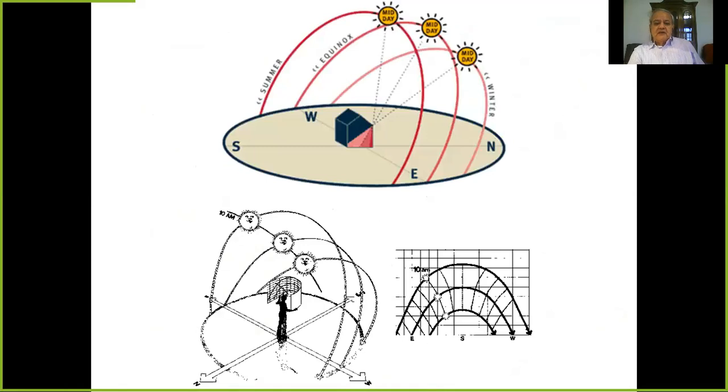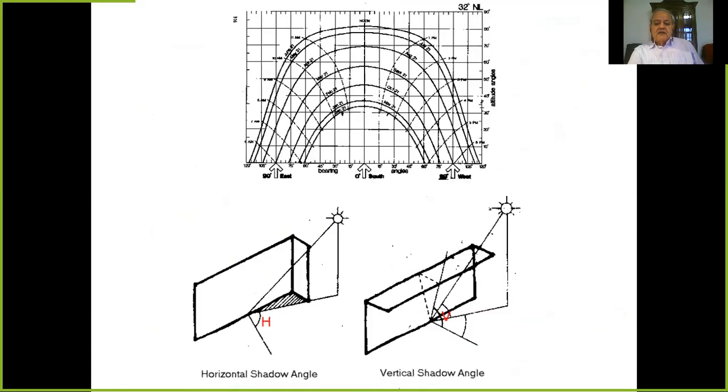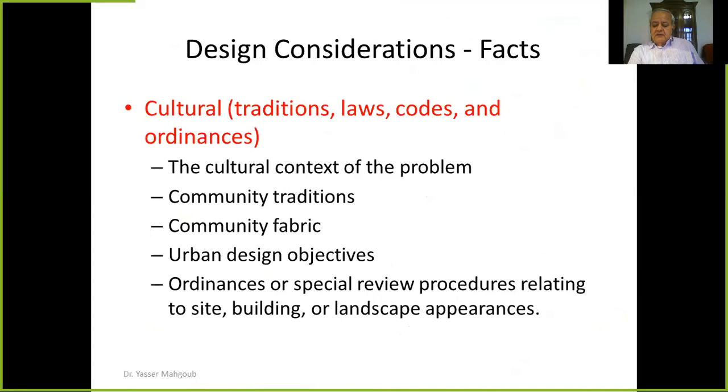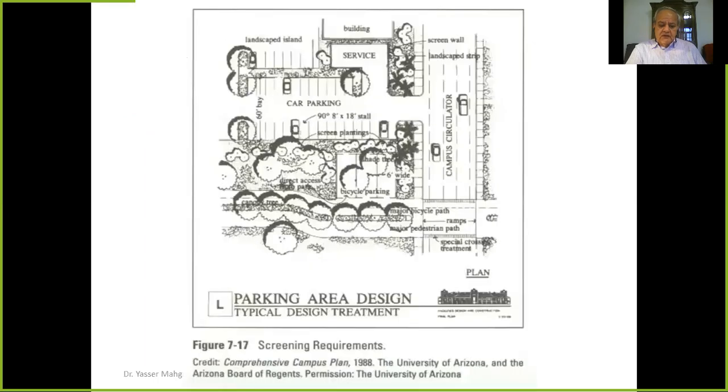Of course, the sun angles and the solar path and so forth. Any cultural conditions or considerations should be illustrated clearly. Special requirements, social requirements, laws, codes, ordinances should be provided.